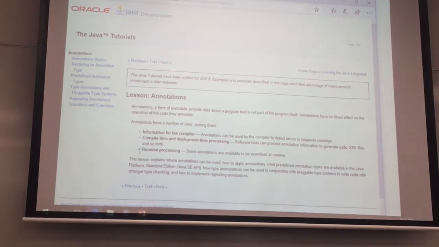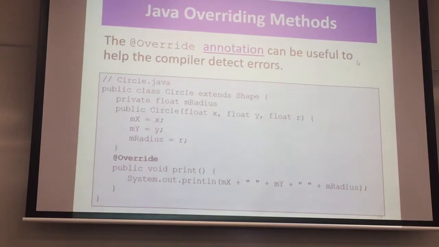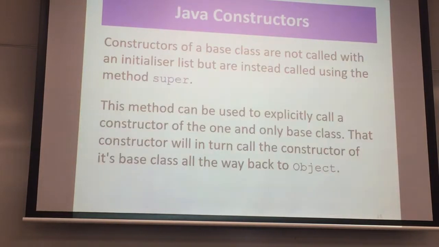Information for the compiler, runtime processing, so it's a large topic. We are not going to go into details, but this makes a part of the documentation for Java, which provides very nice documentation online.